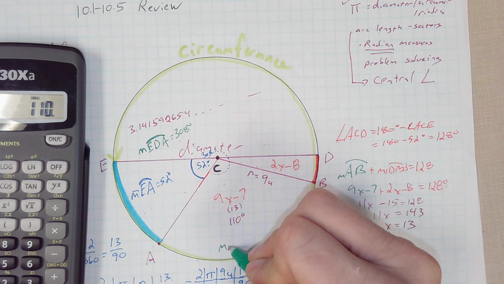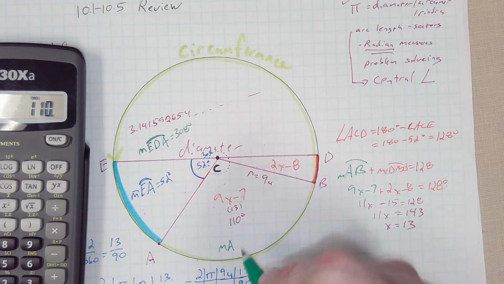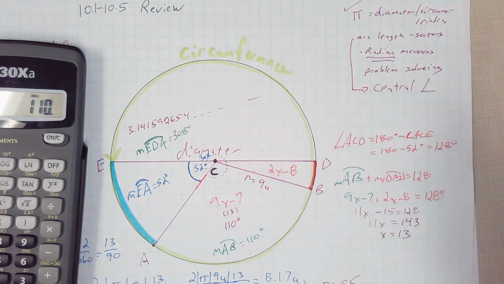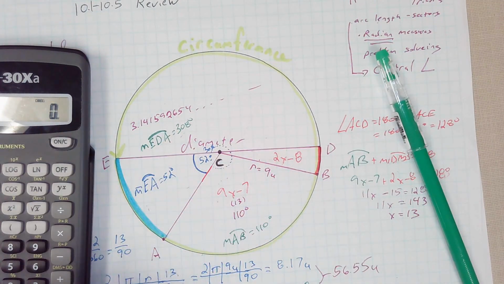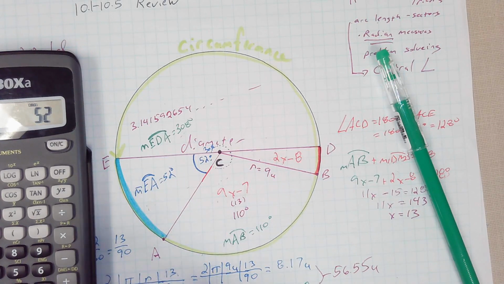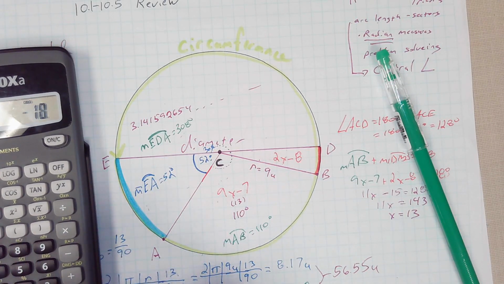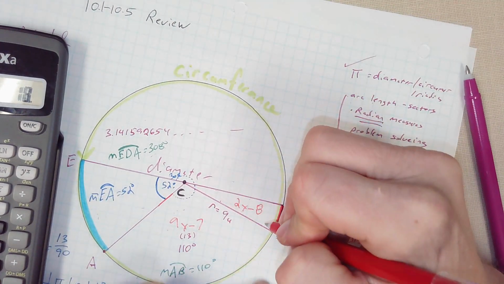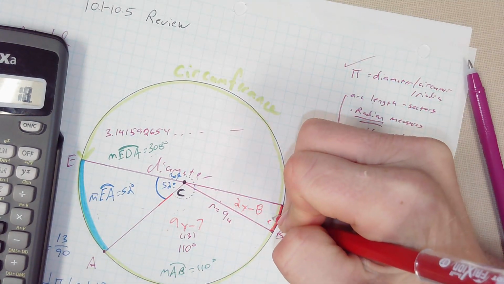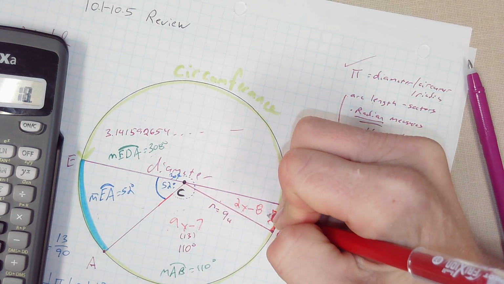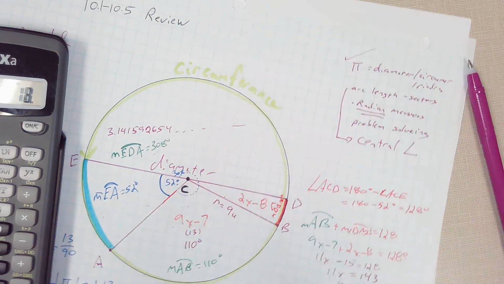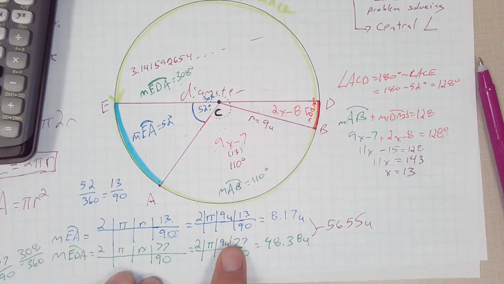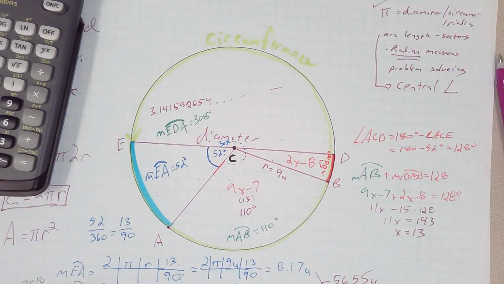Measure of AB equals 110, and that means 110 plus 52 minus 180 is going to be 18. Measure of DB is 18 degrees. All right, and then again you'd use this method here to figure out all that stuff.